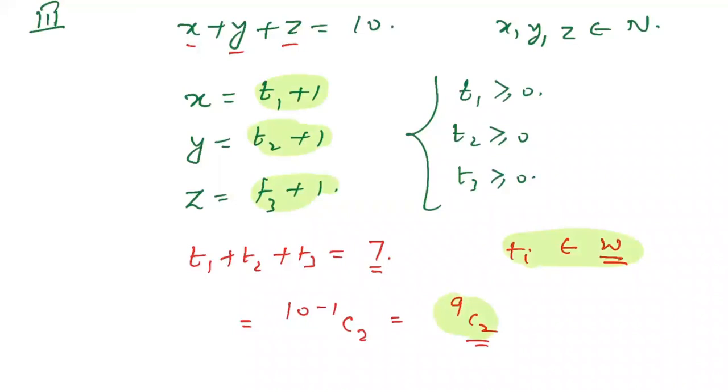This is the best method for any numbers, natural numbers, or starting from greater than or equal to 2, 3, 5, minus 1, minus 2. In any case, we can convert the numbers to start from 0 and apply the formula. Is it okay? I guess to everyone. Note down, please.